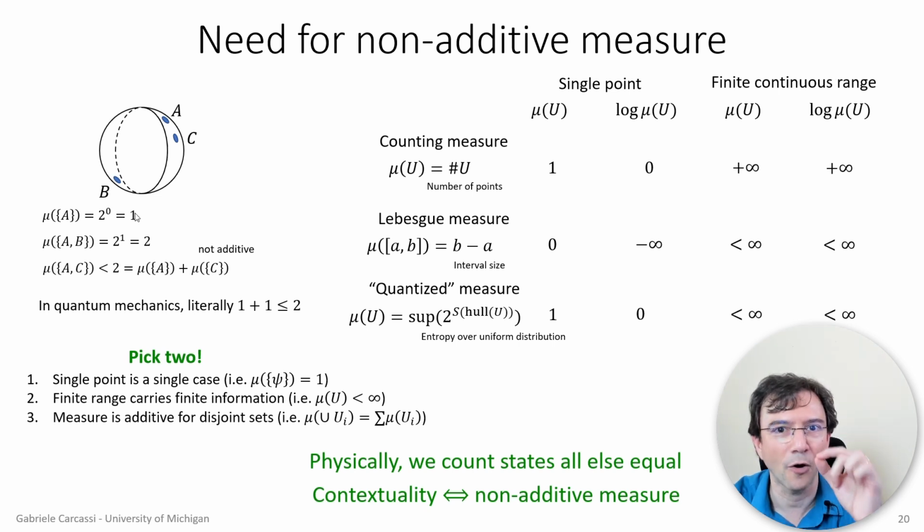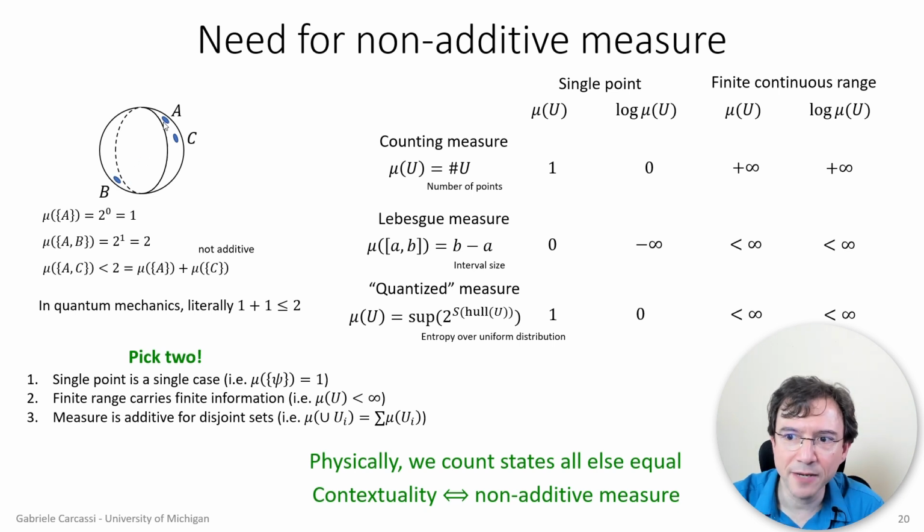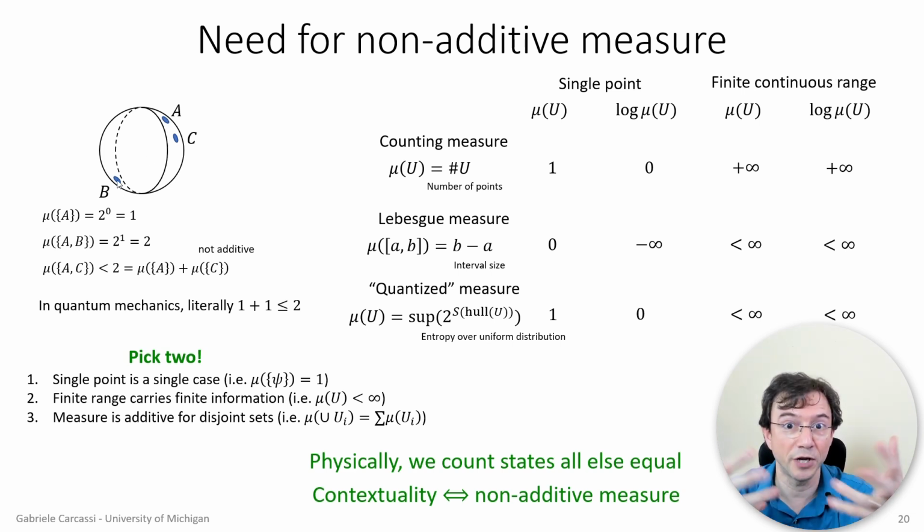So every point counts as one state, which makes sense. If you have 2 points A and B that are orthogonal, in the sense that they belong to orthogonal subspaces, and then we make all the possible convex combinations, of course, the one that is going to have the highest entropy is the point in the middle, which is going to have 1 bit of entropy. 2 to the 1 is equal to 2, which means that the set of A and B is defined by 2 states, which is good.